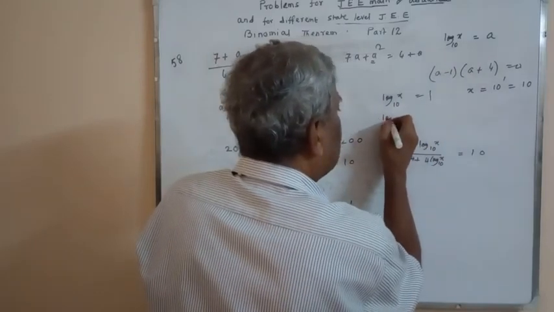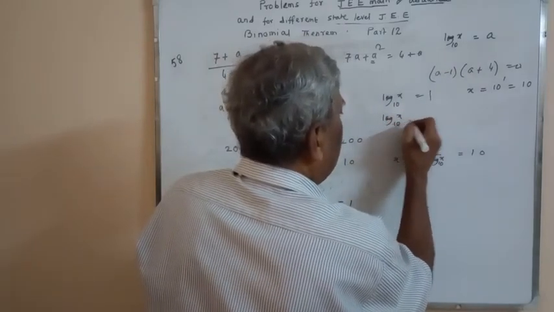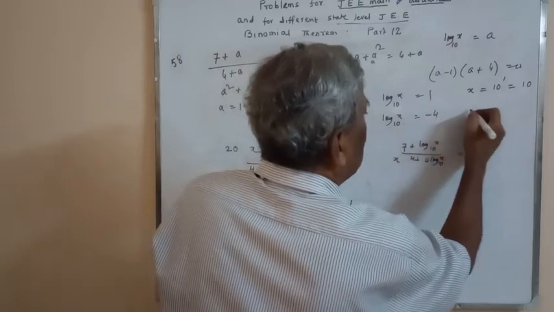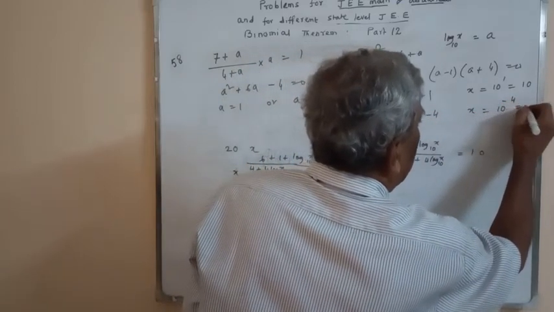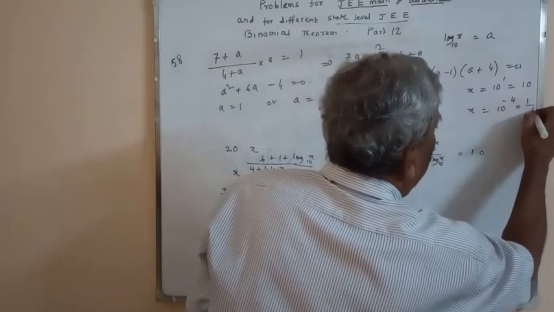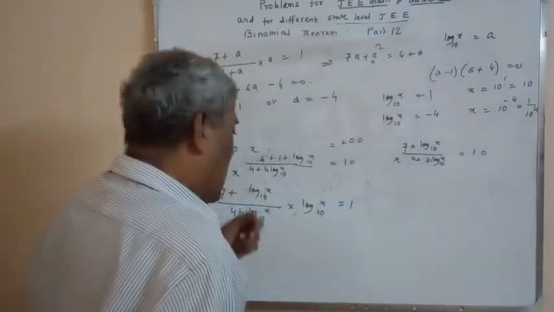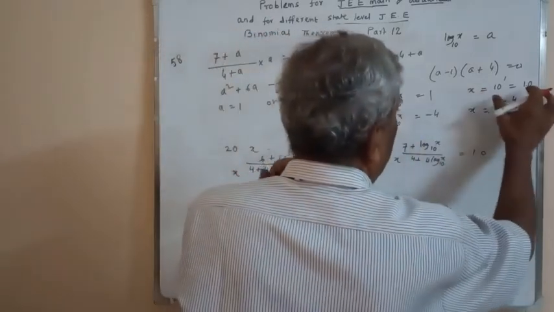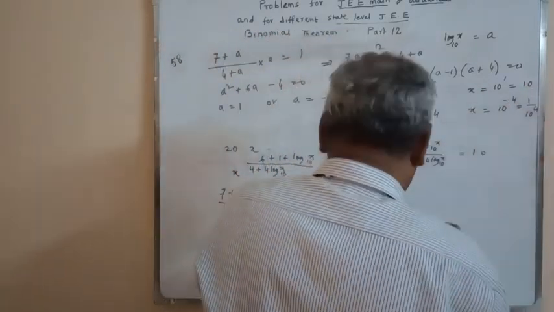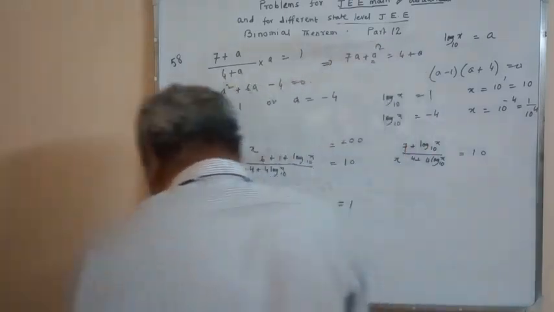So in that case, log x base 10 is equal to minus 4. So x is equal to 10 to the power minus 4, 1 upon 10 to the power 4. So the answer of that question is either x is equal to 10 or x is equal to 1 by 10 to the power 4.